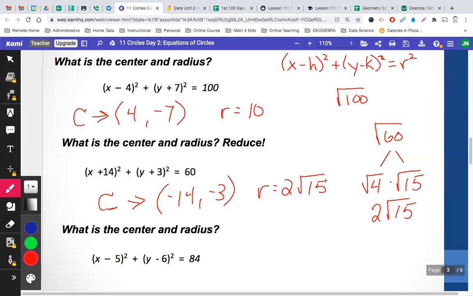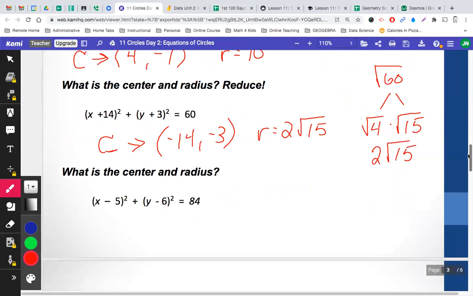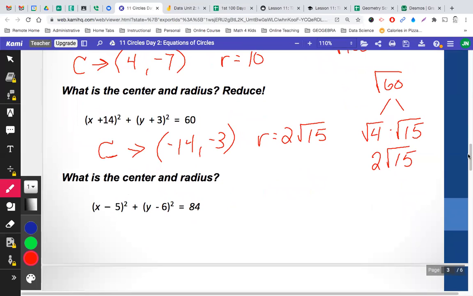And our last example, our center is going to be at 5, 6. And the radius, let's see, we have to take the square root of 84. Let's see, 16 going into 84.